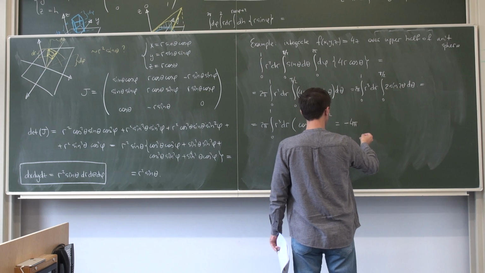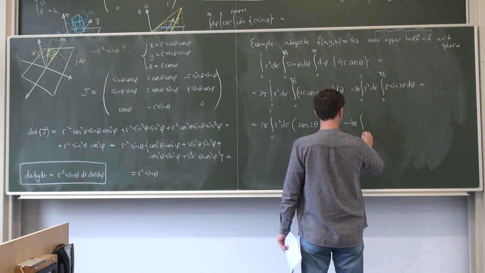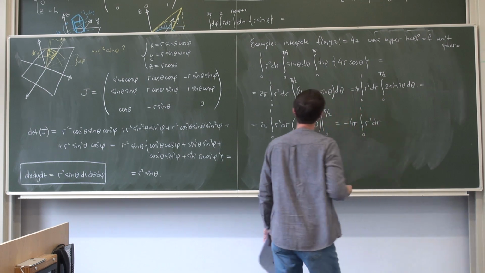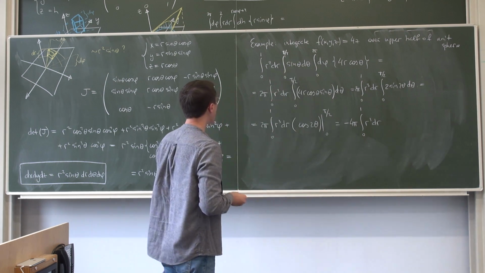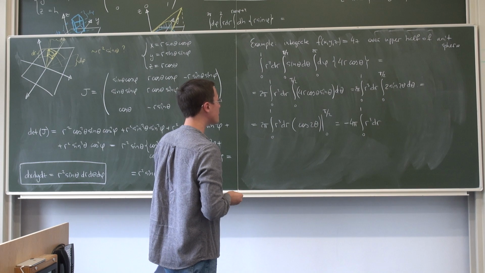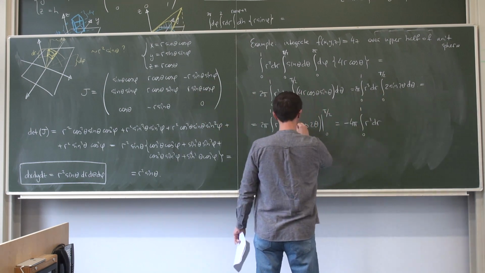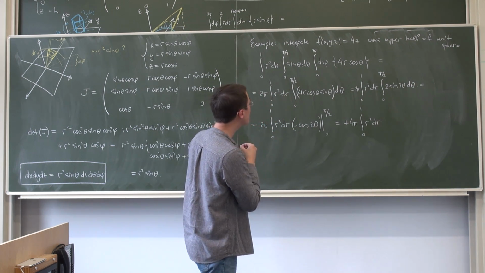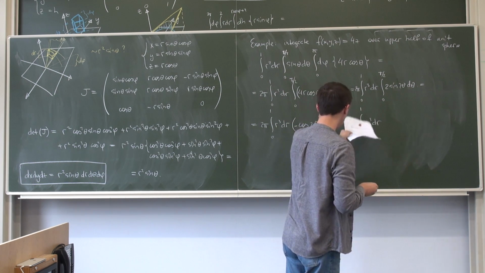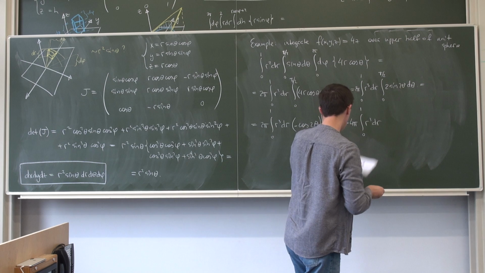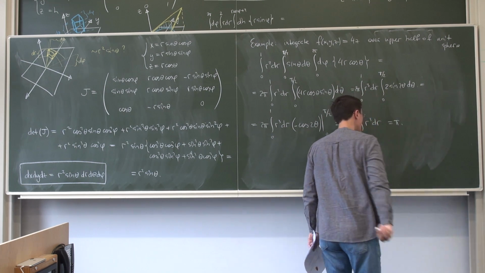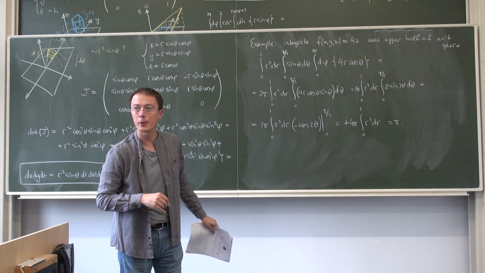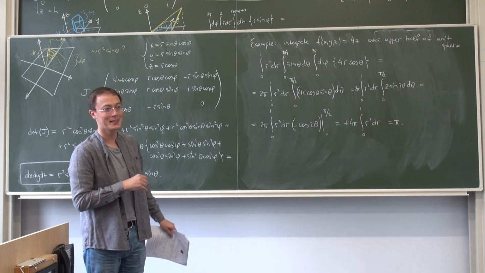Minus 4 pi, and then an integral from 0 to 1 r cubed dr. Now that's a positive function over the upper half sphere. Where have I lost the minus? Oh yes, of course, integral is minus cos. So it's plus 4 pi. See, common sense tends to save you if you apply it. Okay, so r to the fourth over 4 from 0 to 1, pi. And that, I think, is the first year that I ever got this integral right without arithmetical mistakes.